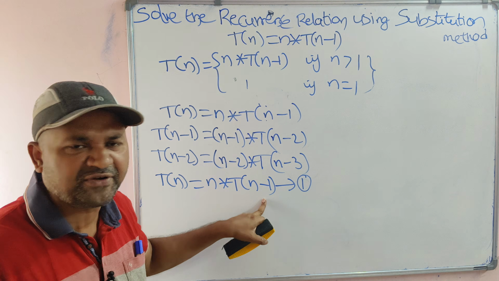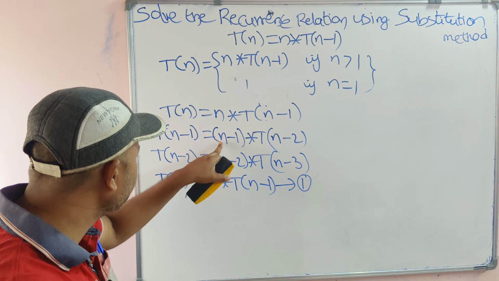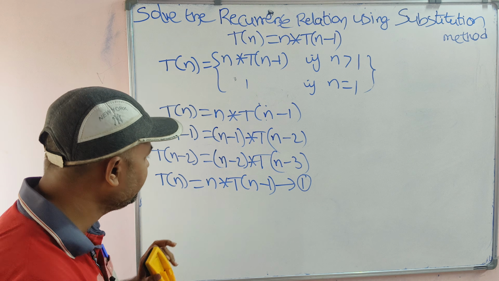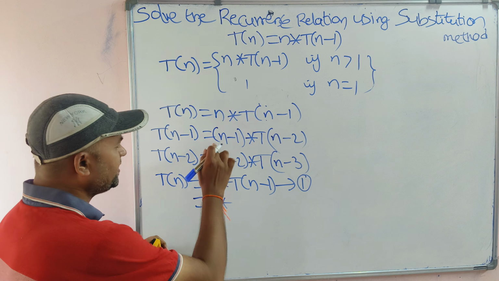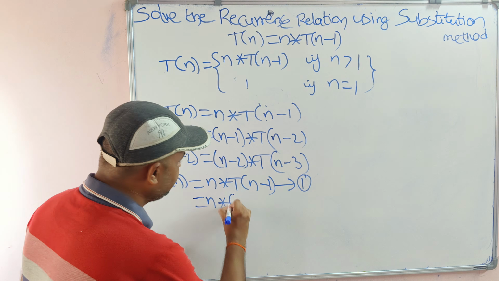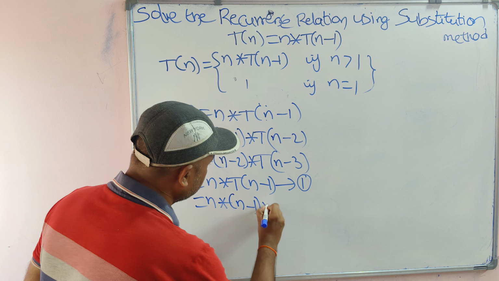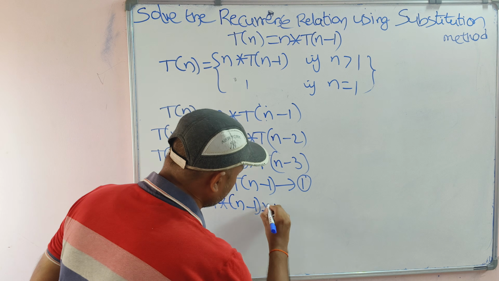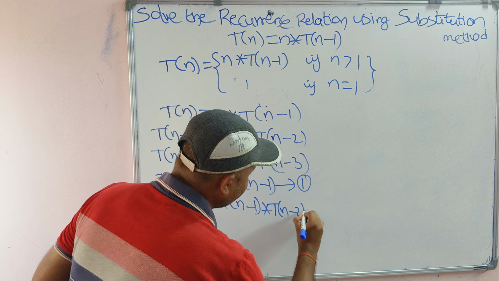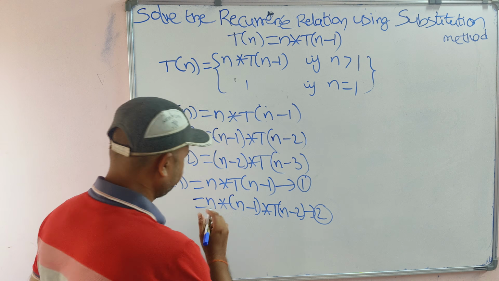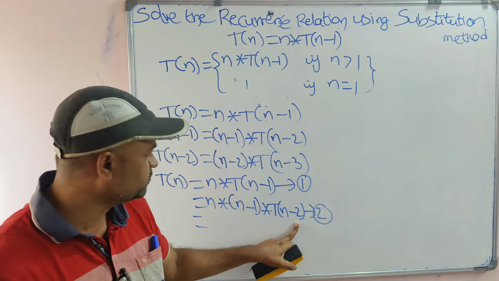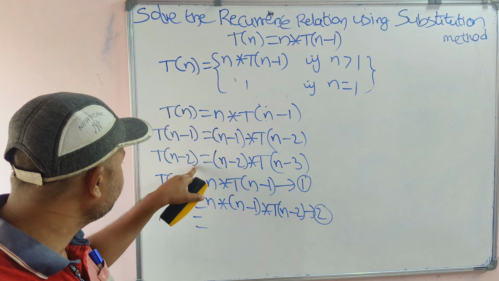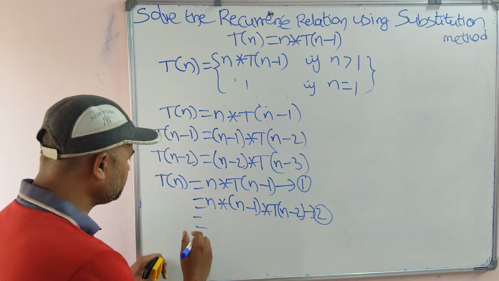Here we know T of n minus 1. So let us substitute T of n minus 1 in equation 1. So n into, what is T of n minus 1? n minus 1 into T of n minus 2. Let it be equation number 2. Next, we know what is T of n minus 2. So now let us substitute T of n minus 2 in equation 2.